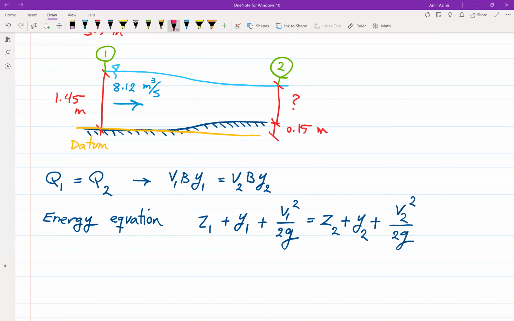And we always have energy loss. But in our case, we assume that the energy loss is negligible, so it's 0.